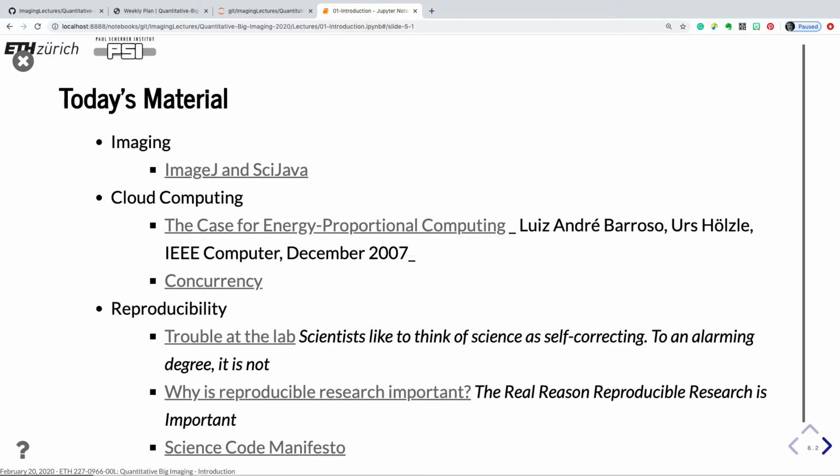Today, I'm going to talk about the imaging part. And as you can see here in the lecture notes, there's a lot of links. I'm not going to tell everything that is on these links. For example, the first one is a slideshow of about 40 pages, and there's no time to talk about that. But the main essence is that it's important to have a good tool to make reproducible workflows.